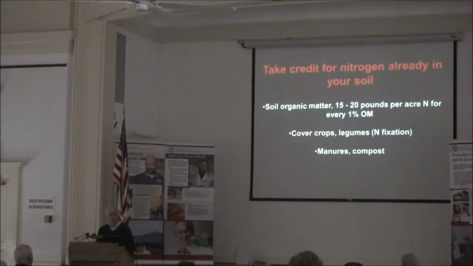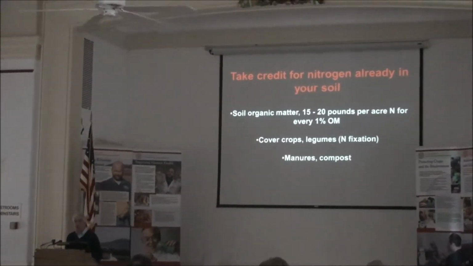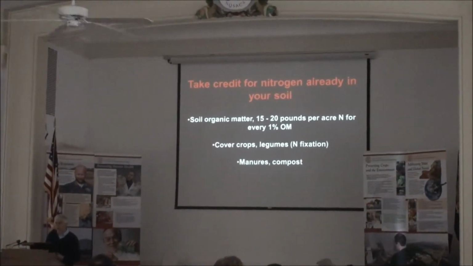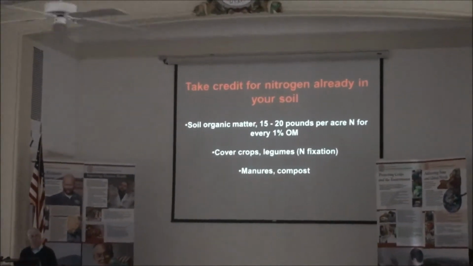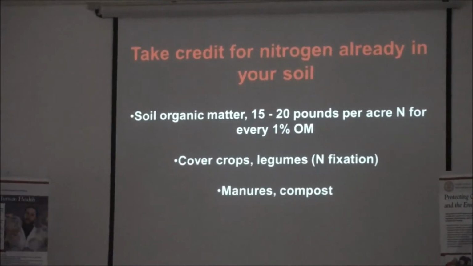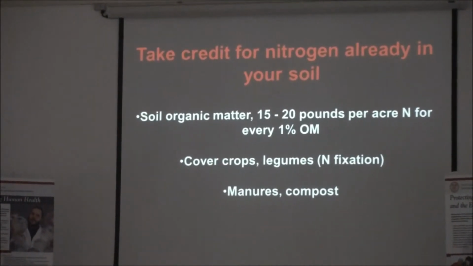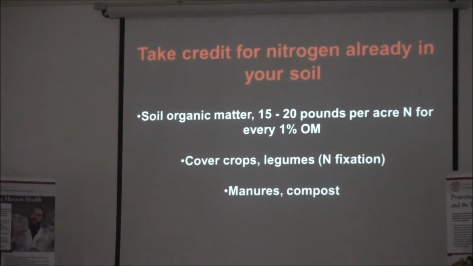Make sure you're taking credit for the nitrogen that's in your soil. As I mentioned, if you do a soil test, you will get a % organic matter. And from that % organic matter, you can estimate that there'll probably be anywhere from 15 to 20 pounds of nitrogen available for every 1% organic matter. So if you've got a 2% organic matter, you could expect anywhere from 30 to 40 pounds of nitrogen being available.